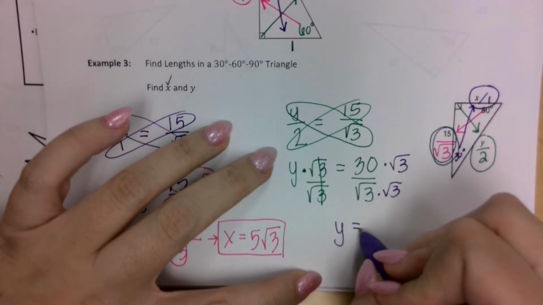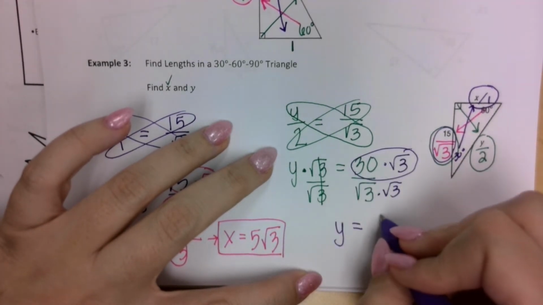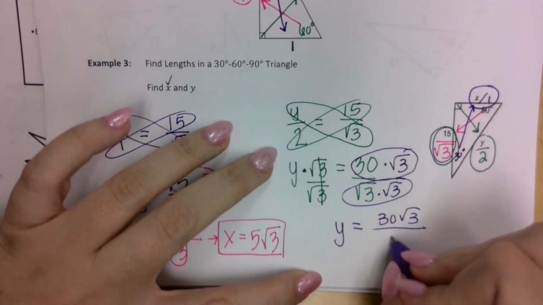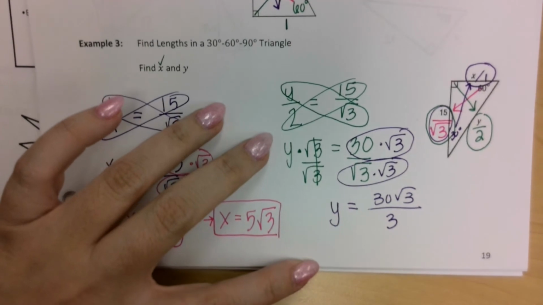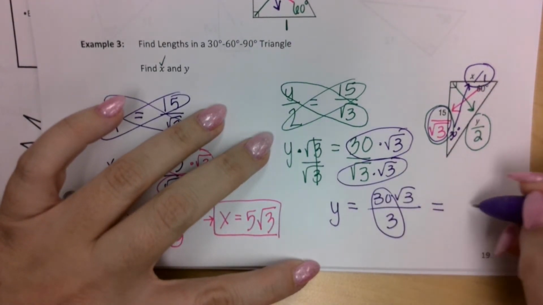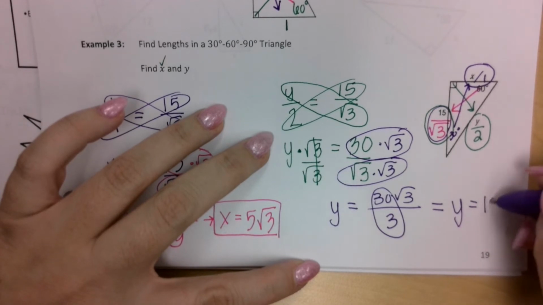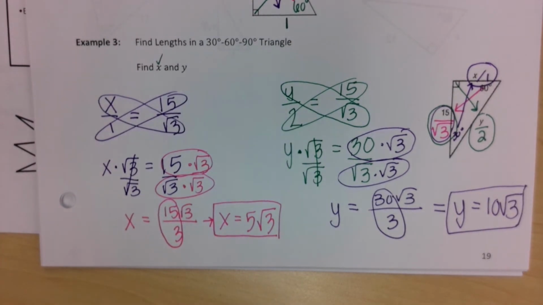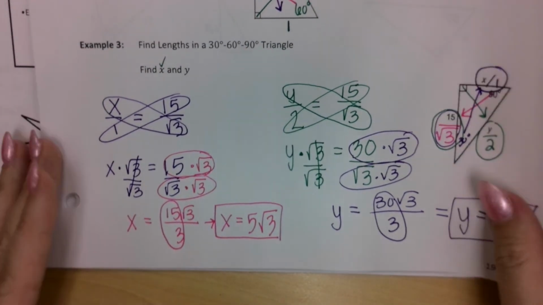That gives us y equals 30 times root 3 over root 3 times root 3, which is just plain 3. 30 divided by 3 in our calculators gives us 10, and then the root 3 stays there. So there's our final answer: 10 root 3.